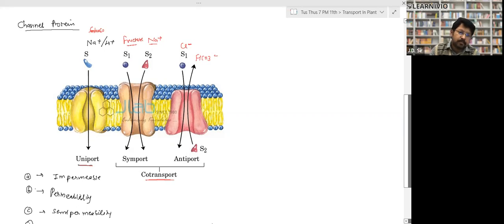Is it clear? Here I have told you that sodium and hydrogen are uniport, and fructose and sodium are symport. We studied this in digestion, chloride and things like this, in the digestive system.